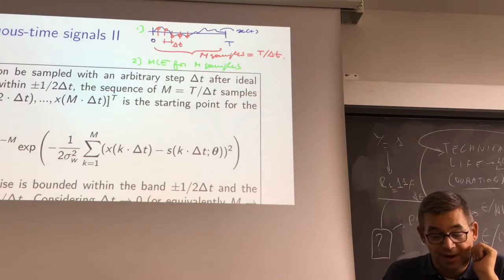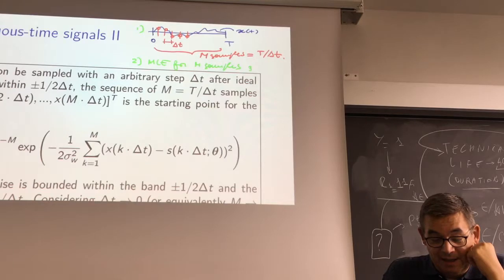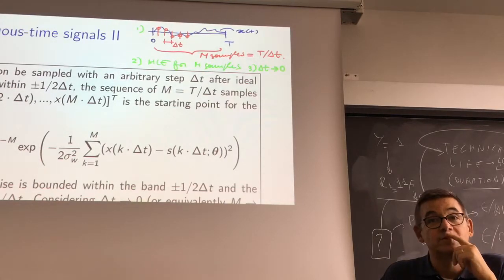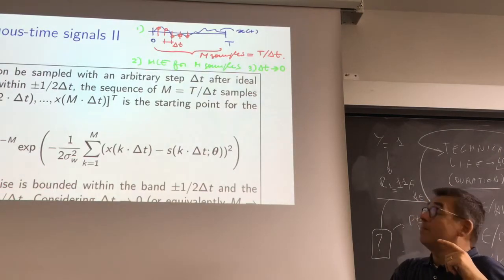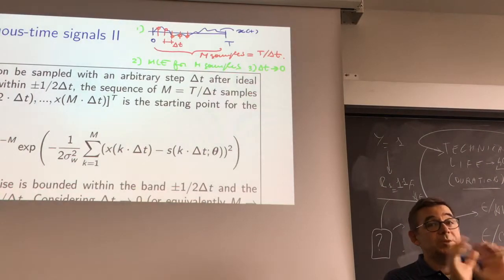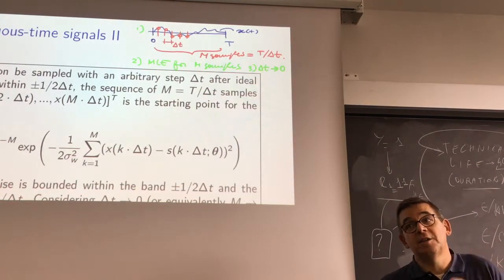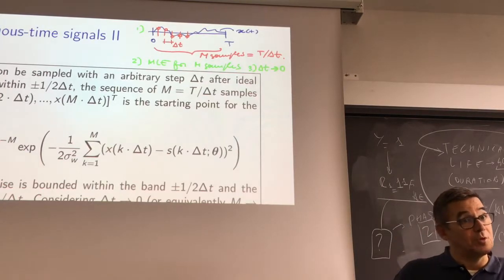And then, in order to get a continuous one, I take delta t and make it go to 0. If delta t goes to 0, these samples are closer and closer, which means asymptotically there is no difference between the continuous time and the discrete time. So this is the way to make this proof.